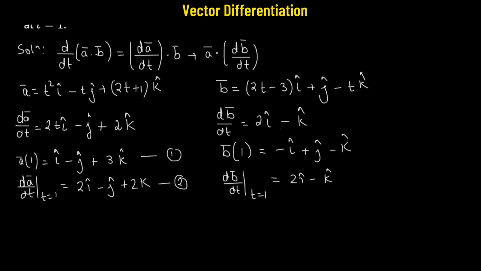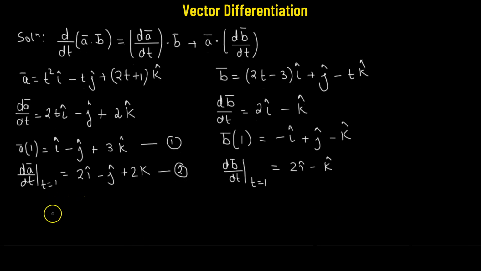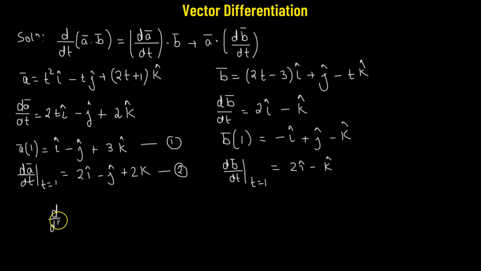Now we will use the definition and compute the value of the derivative with respect to t of the scalar dot product between vector A and B. Right. So we first need the derivative of A with respect to t. This is the value that we need: 2 i cap minus j cap plus 2k cap.